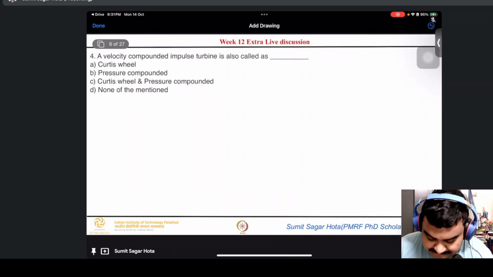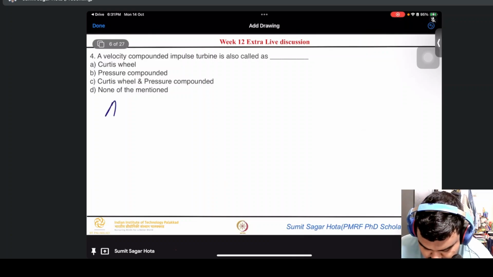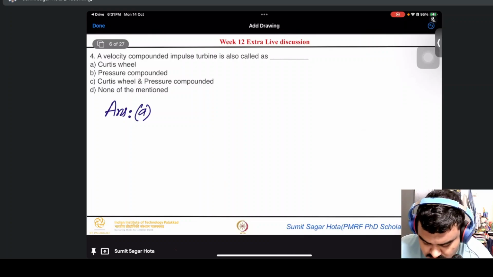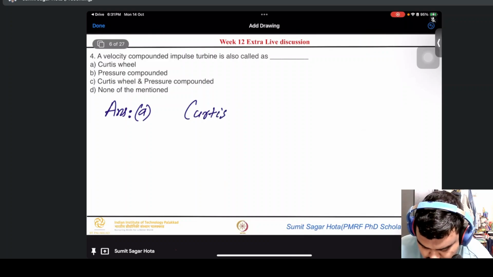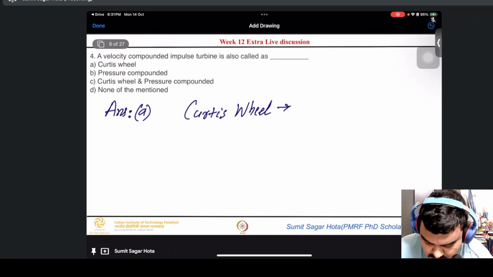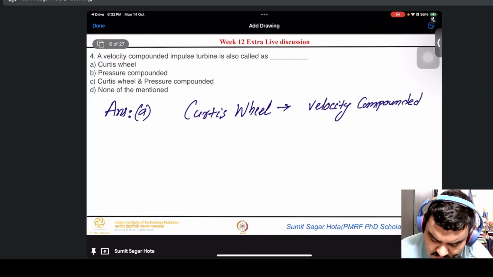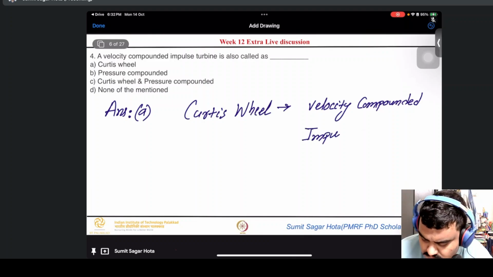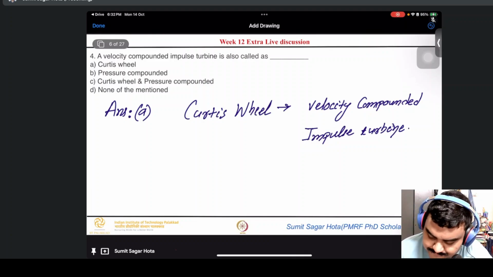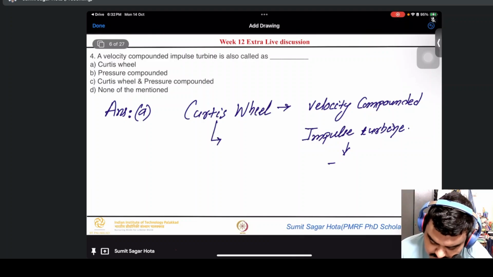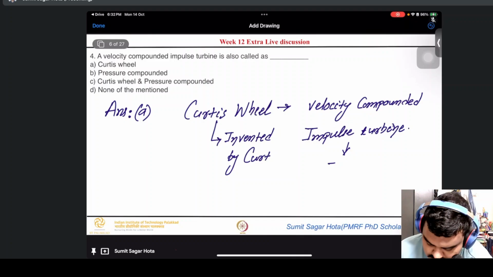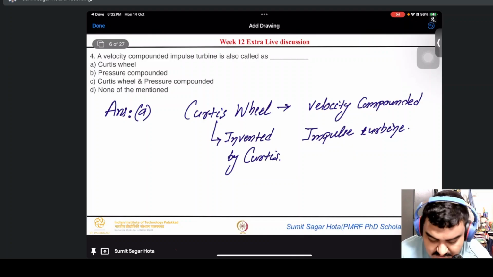This is called the Curtis wheel, invented by Curtis.